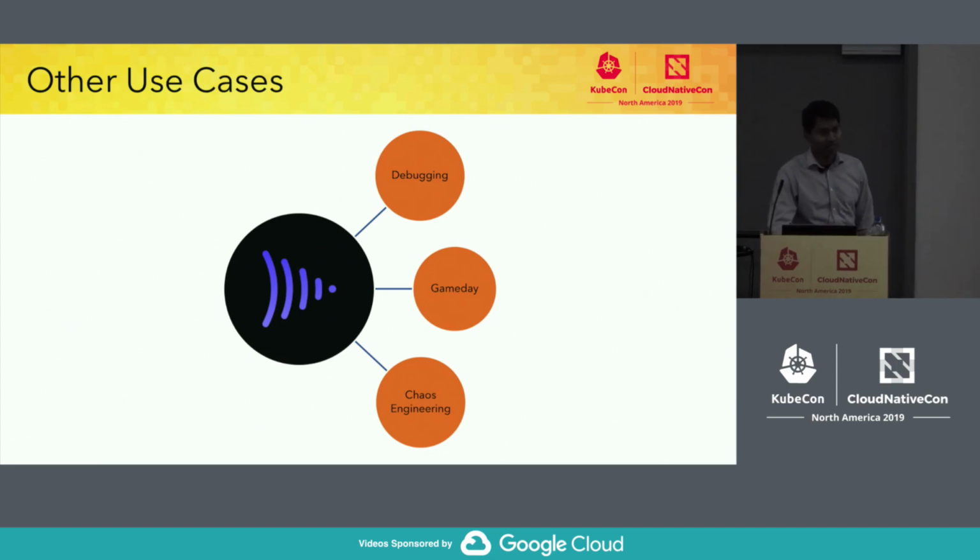We mainly use it a lot during our game days when we do red and blue team exercises. When somebody runs something, we look into the Slack channel and Opsgenie to see whether those alerts are coming or not. And again, since we can see the raw events, we will know what is happening. Again, during chaos engineering as well, we want to get visibility on what is happening.